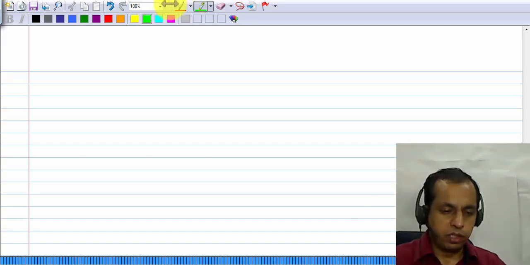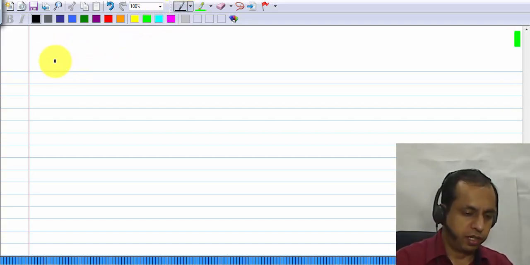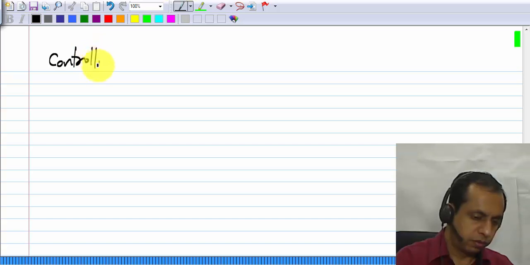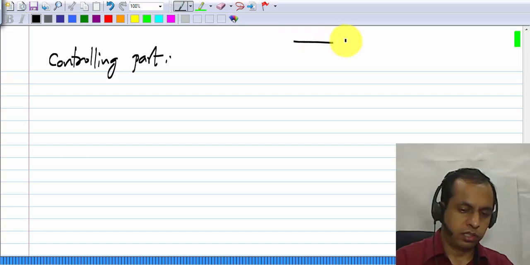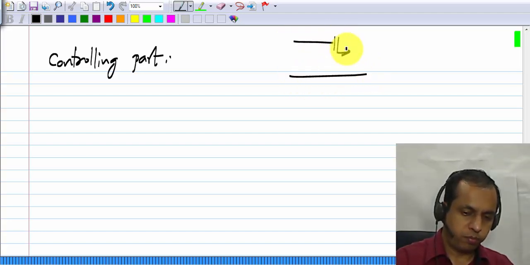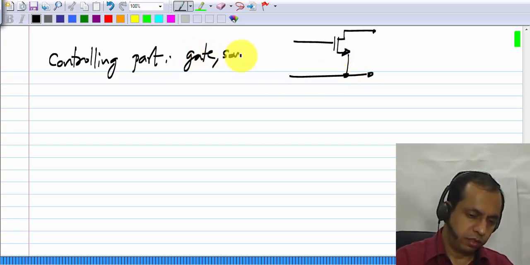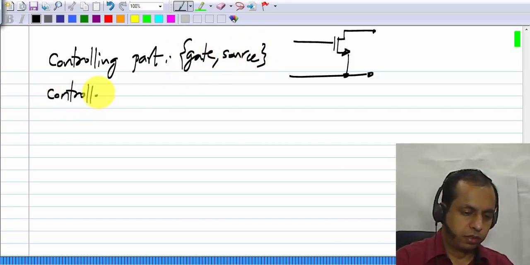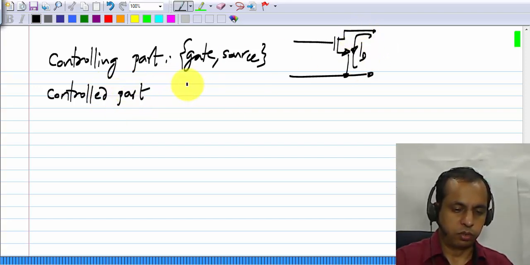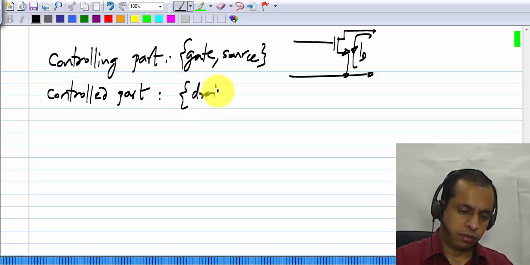Now why does this really work? The controlling part of the transistor current, that is the gate source voltage, is between gate and source, and the controlled part, which is the drain current, goes from drain to source.